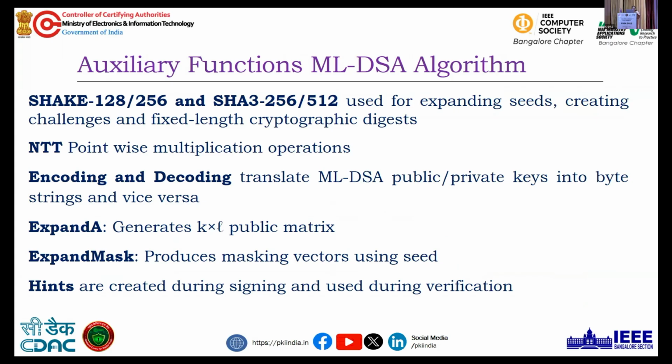Encoding and decoding translate ML-DSA public and private keys into byte strings and vice versa. ExpandA generates the K by L public matrix, and ExpandMask produces masking vectors using a seed. Hints are created during signing and are used for verification.